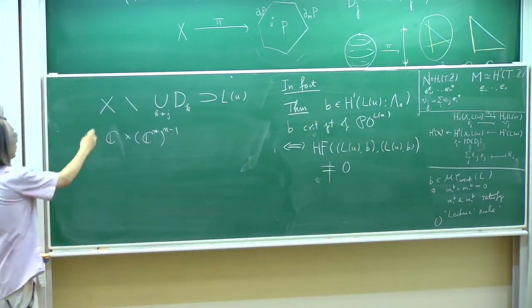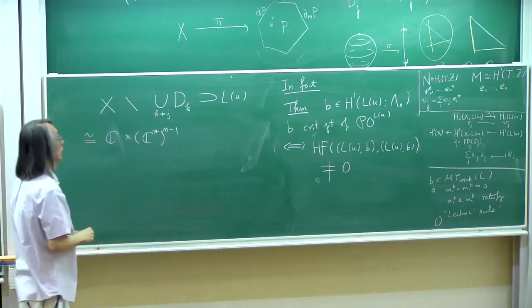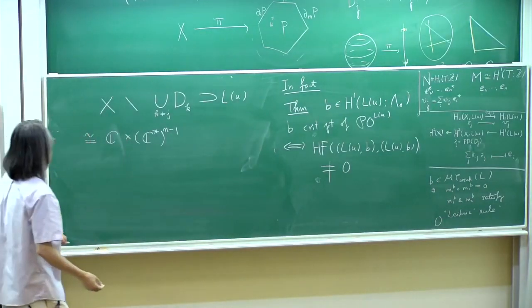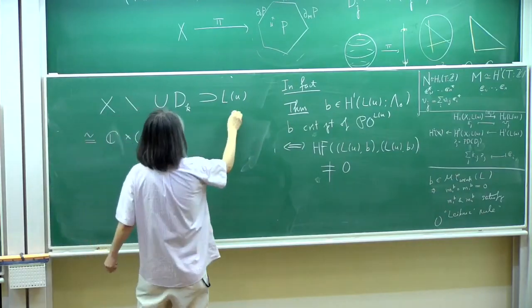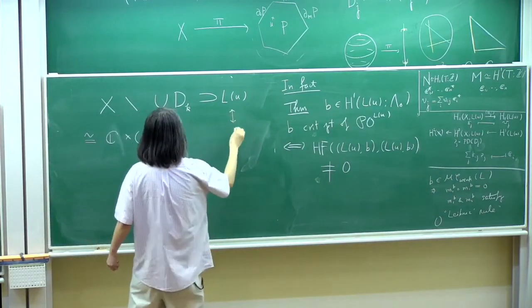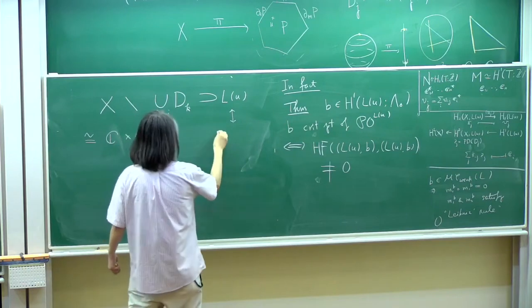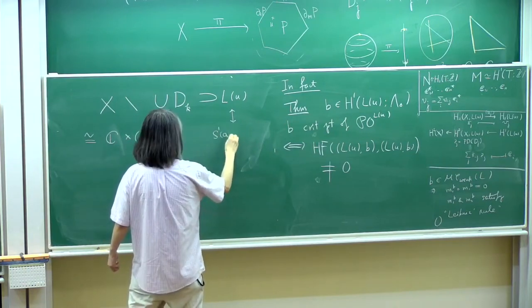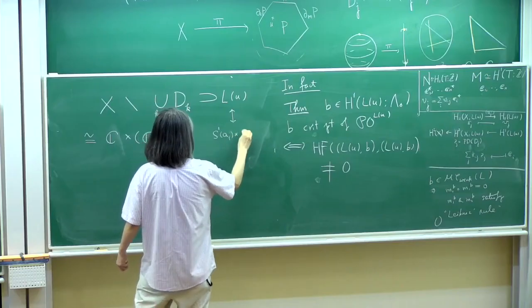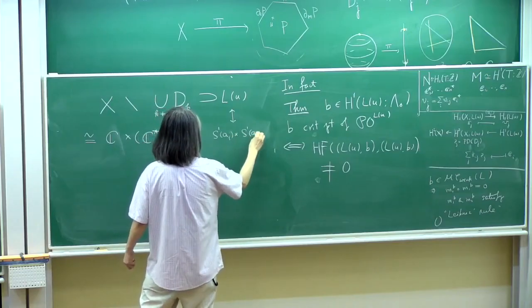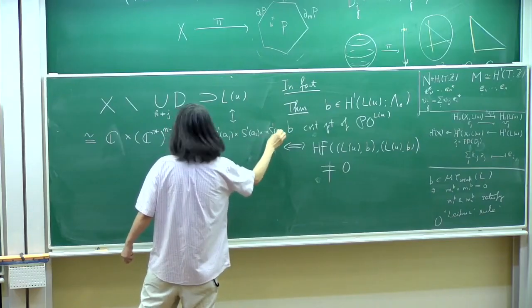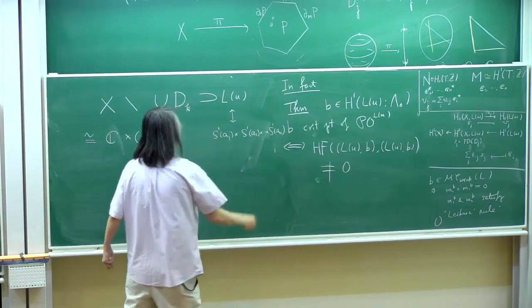And so this one is away from here. And this is a torus orbit. So therefore this one corresponds to some S1 times a1, S1 times a2, and S1 times an, something like this, okay?